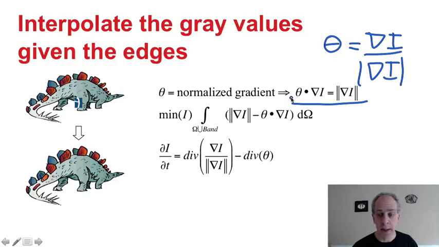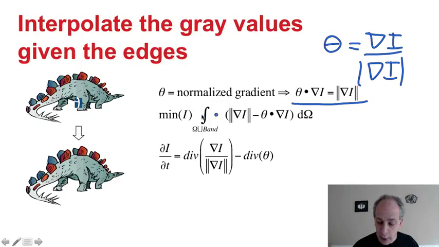Somebody gave us the gradient. And if you plug that in here, you get gradient squared divided by gradient, which is equal to gradient. And the goal now is to find an image inside the region to be painted that is consistent with this gradient. And we do that in a variational formulation.